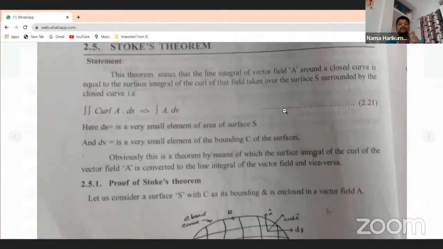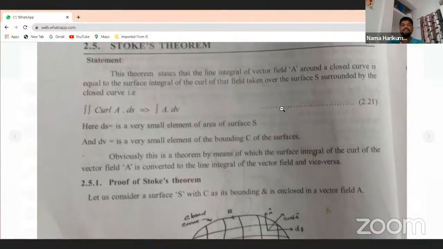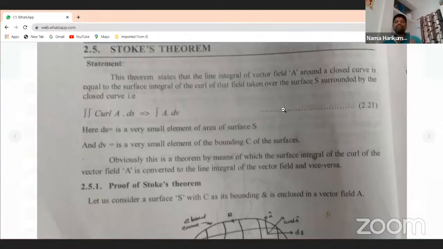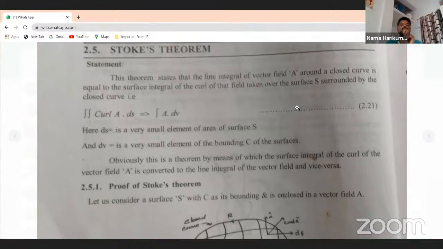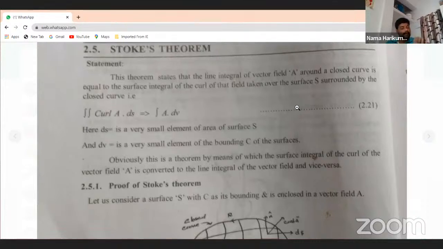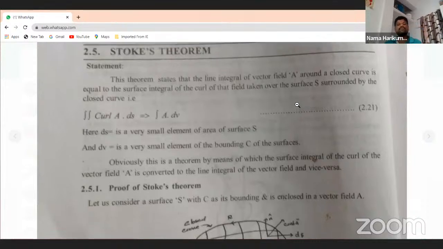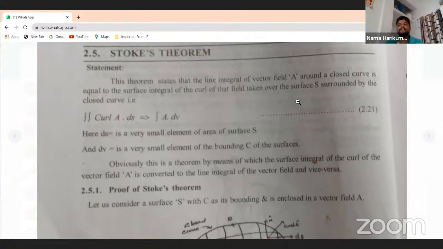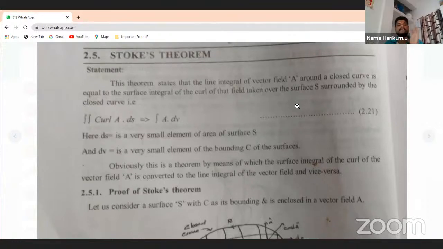We have to write the curl. So the definition is: the line integral of vector field A around a closed curve is equal to the surface integral of the curl of A over surface S.